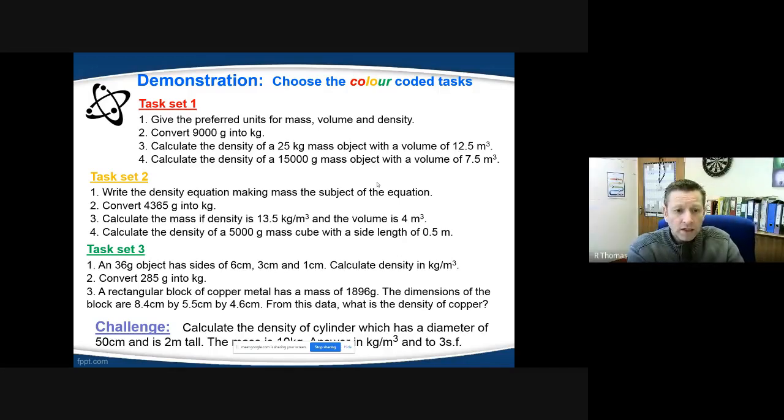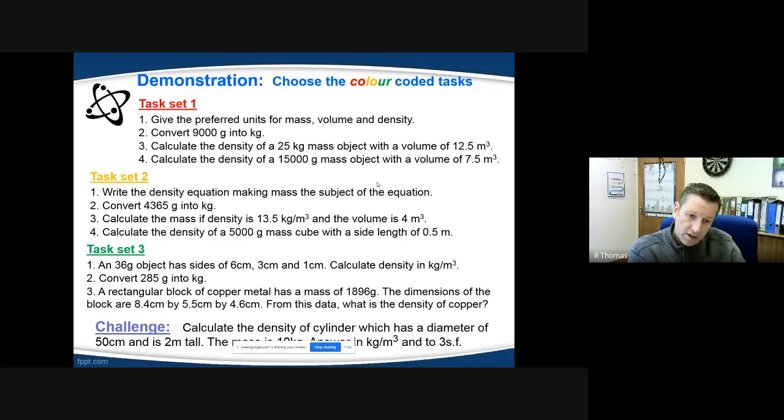Number 2, convert 285 grams into kilograms. Divide by 1,000, that's 0.285 kilograms. And then number 3, a rectangular block, so again we assume that means a cuboid, of copper metal has a mass of 1896 grams. So that's 1.896 kilograms. The dimensions of the block are those 3 figures there in centimeters, and we need to know the density, right?